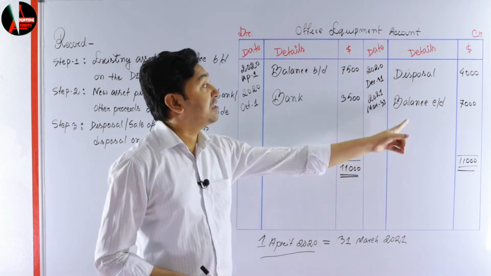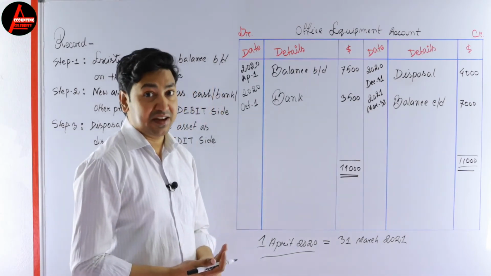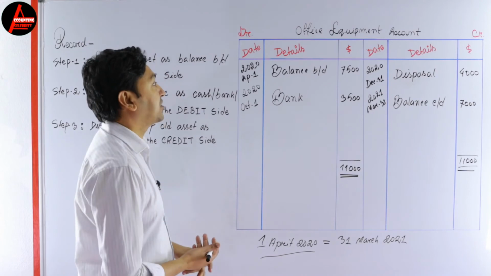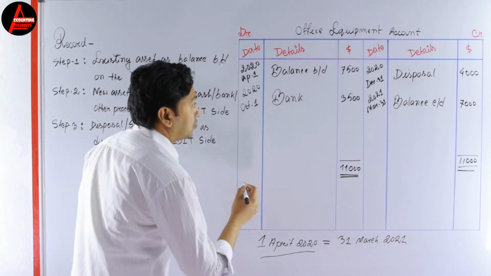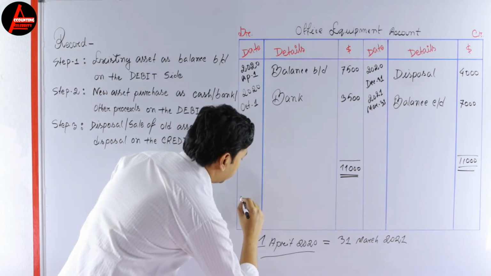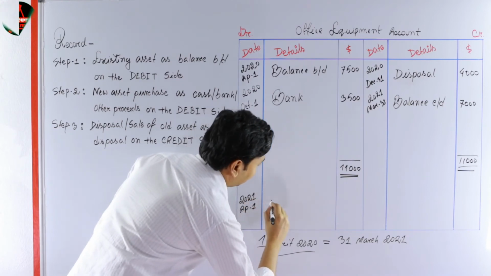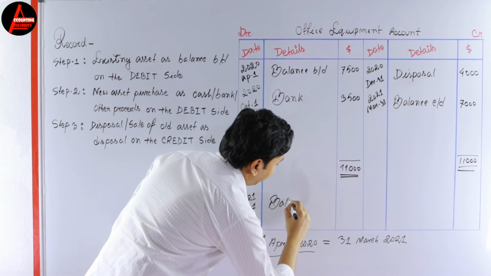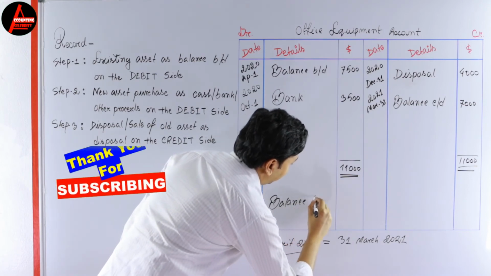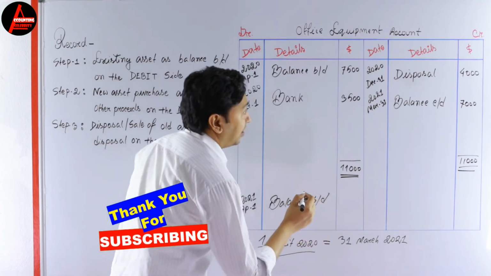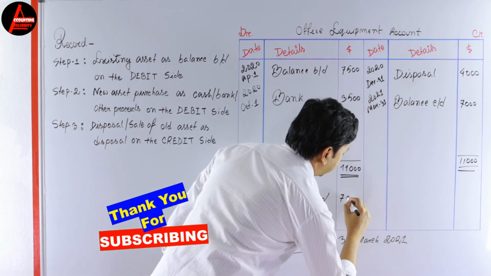Okay, now this balance will go to the next year as an opening balance. Okay, so next year will be 2021 April 1st. Yeah, so we will write here balance BD. BD means brought down. Yeah, so here the value is the same, $7,000.